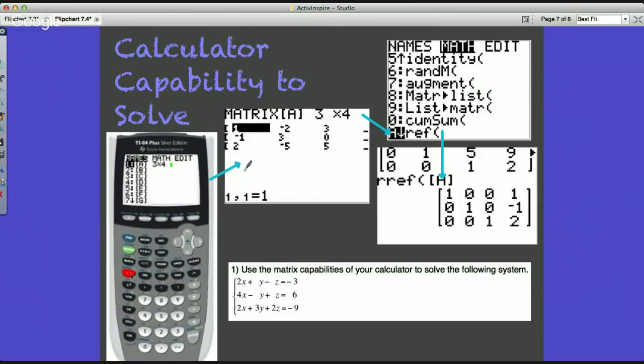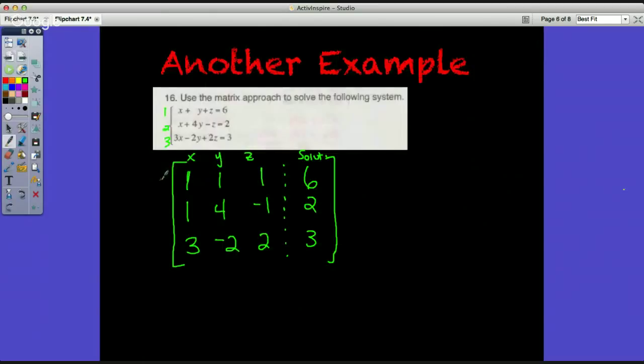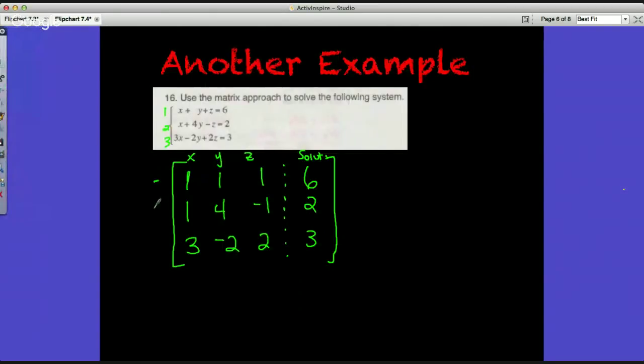Actually, I'm going to go back here. You're going to go to edit, I'm sorry, you're going to go to edit up here. When you do that, you're going to go straight to A and press enter. Now, you have to figure out what your rows and columns are. For instance, right here I have row 1, row 2, and row 3, and column 1, 2, 3, and 4. So right now we say it's 3 rows by 4 columns.